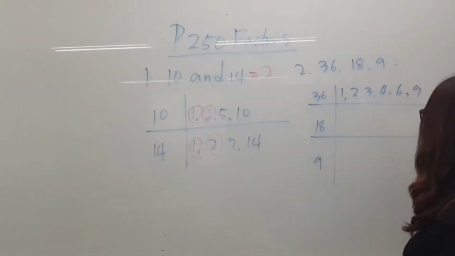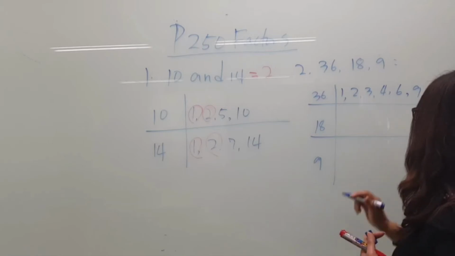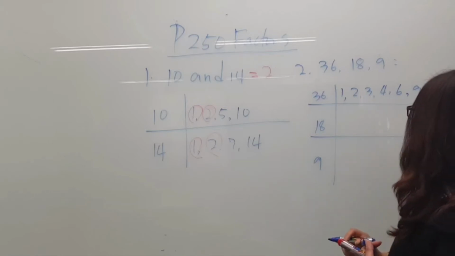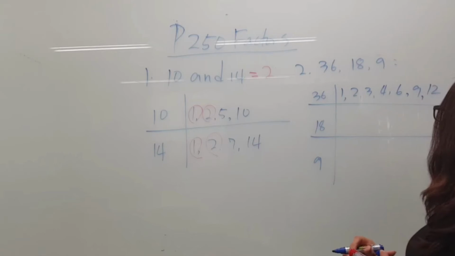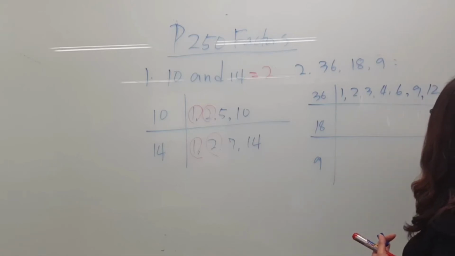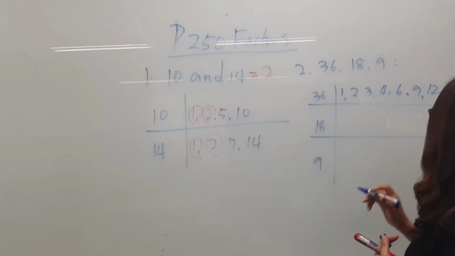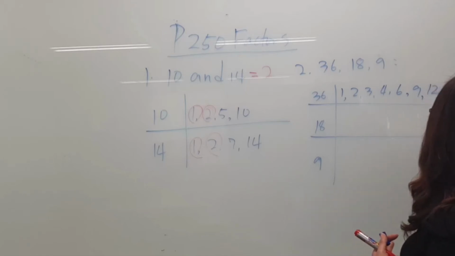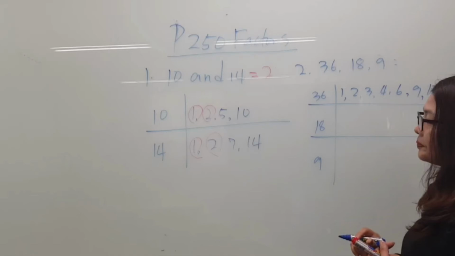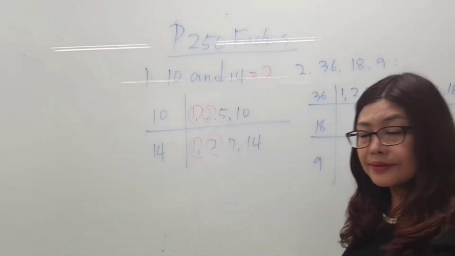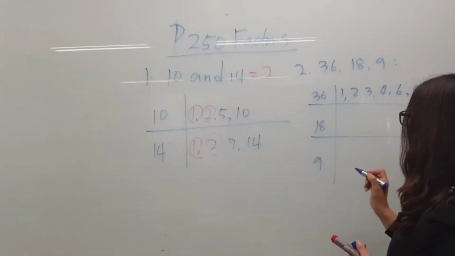And then we have 9, 9 times 4 is 36. What else? We have 12, so 3 times 12 is 36. And what else? We have 18, and then the last one is 36.